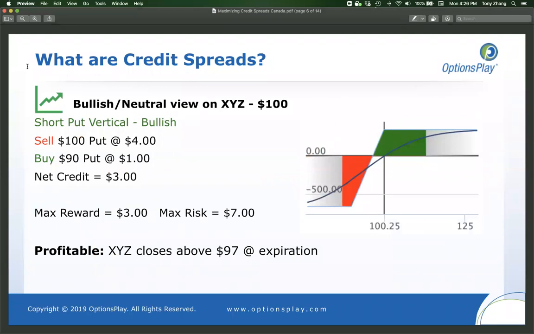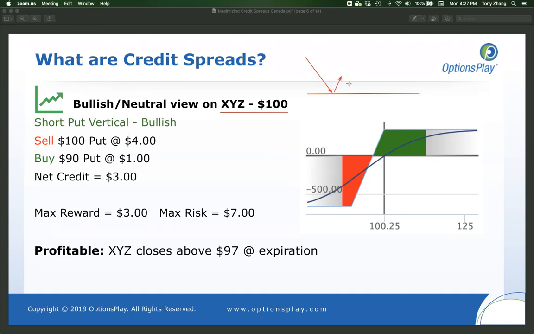In order to really understand them, I want to go through the example of stock XYZ that's currently trading at $100. Let's say in this particular case, I have a bullish view on XYZ. I think the best way to think about this is a stock that's trading from above 100, maybe it starts to approach that $100 support level, and you think it's going to bounce a little higher, maybe bounce back down, but for the most part it's going to stay above that 100 level.